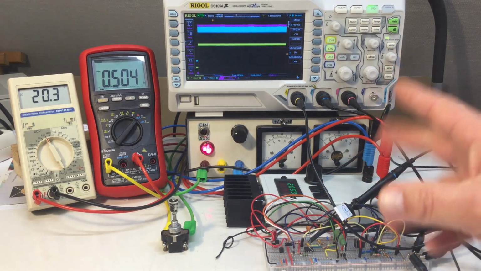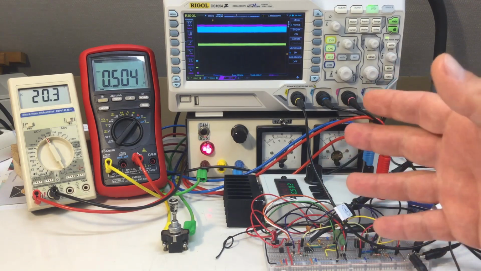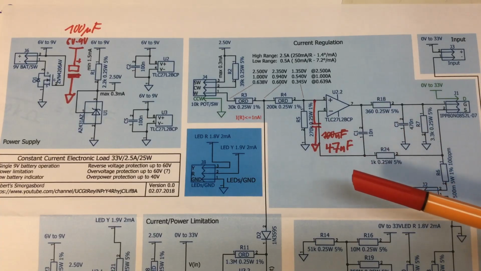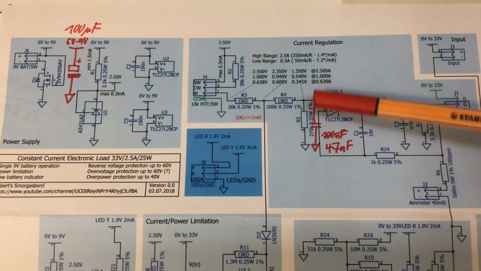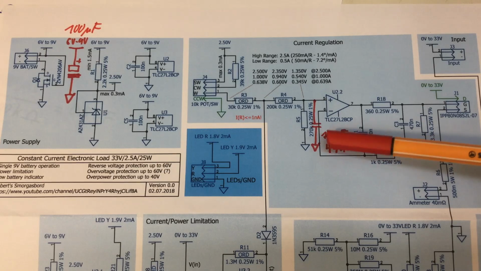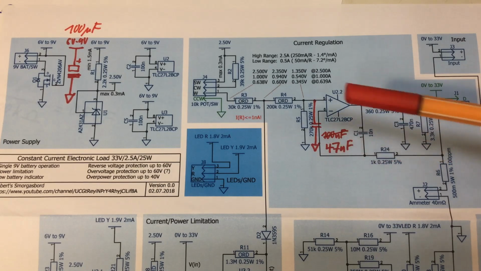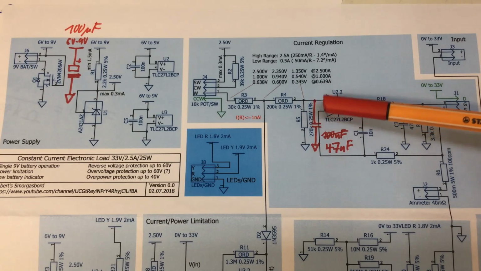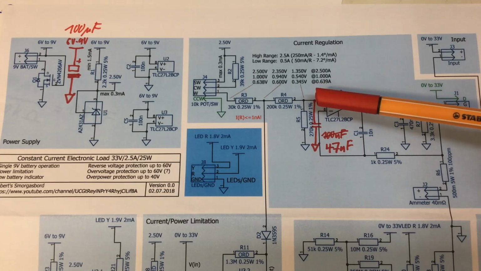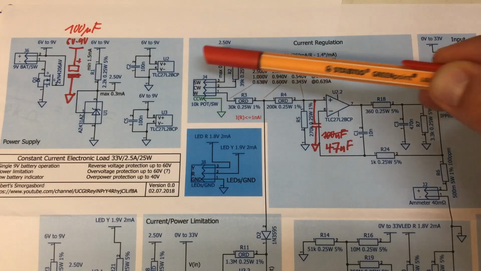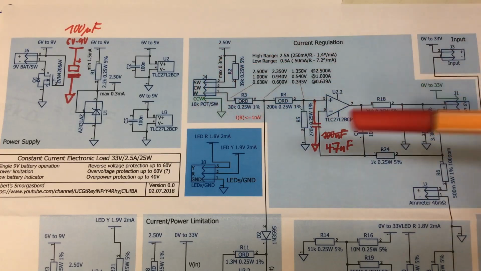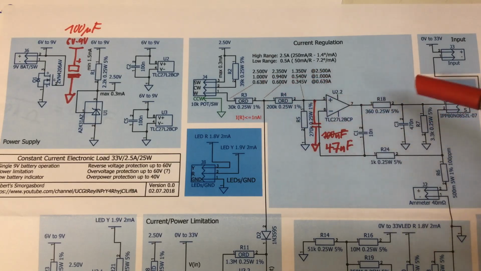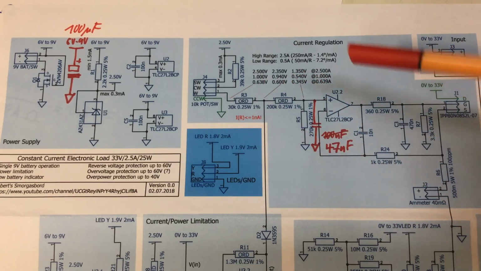Anyway, let's review what we've done so far. Actually, not that much. We added here at the positive input another capacitor, and we are now at 47 nanofarads. 10 nanofarads was enough to filter out the bouncing of the switch, which would have kicked our current regulation circuit.